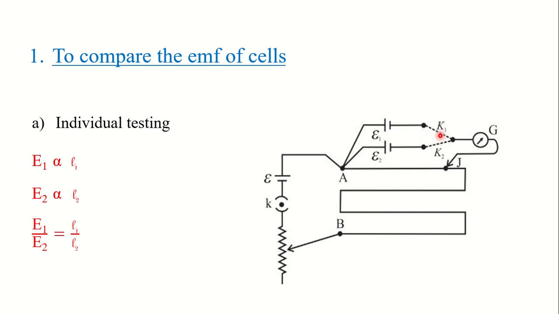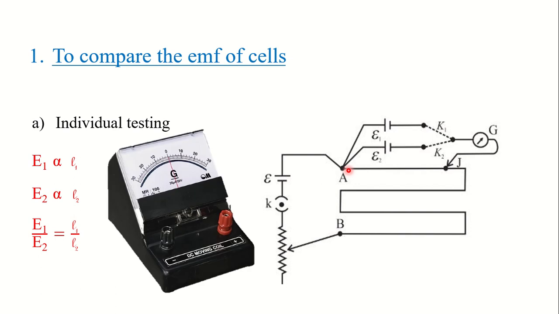Now, after closing the key K1, you will take the slider or the jockey and touch at the point A, and you will see the deflection in the galvanometer. The deflection should go to one side of the galvanometer.